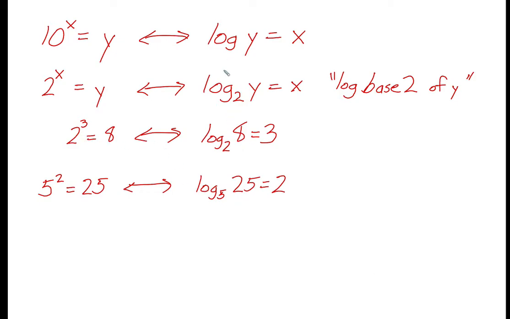Well, there's nothing magic about the numbers 10 or 2 or 5. This will work for literally any positive number here. We don't use 1 because 1 to any power is still 1, so it's kind of a trivial case that's not worth exploring. But if we've got 7 squared equals 49, that's the same as writing the log base 7 of 49 is equal to 2, and so on and so on.